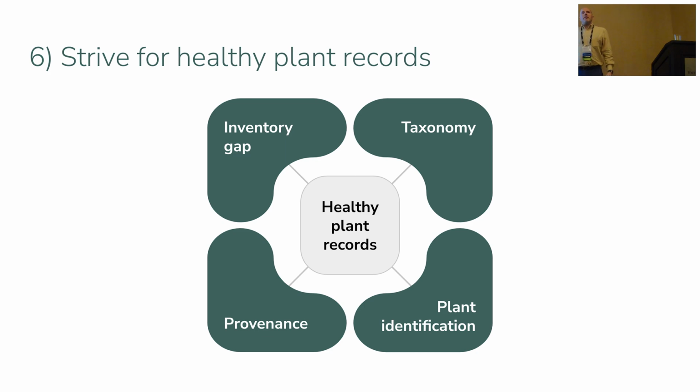This is also something we're really going to work on. In the next few weeks, probably June, July, we're going to start the first step of integrating with Plants of the World Online, so that you get the higher ranks automatically, genus and above.